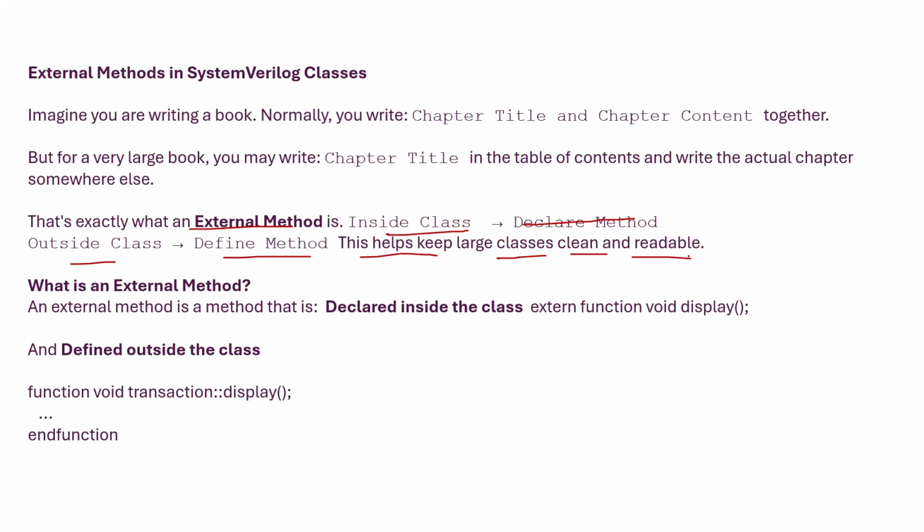At that time, I will use this extern keyword. I can declare that method inside the class, and then implement that method outside the class. Anyway, I can access those methods inside my class. Clear? So that is the use of the extern keyword.